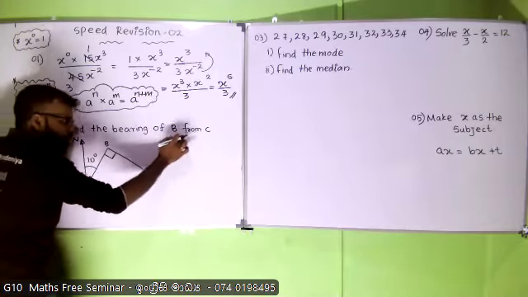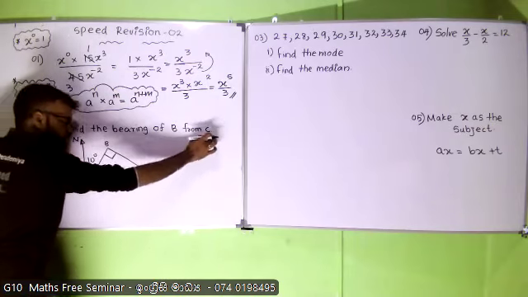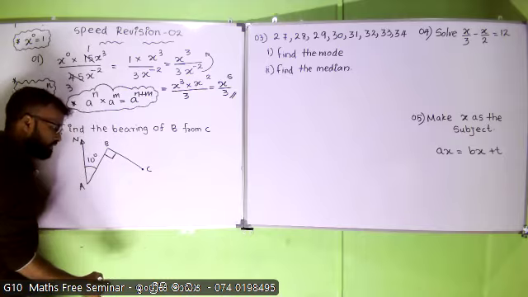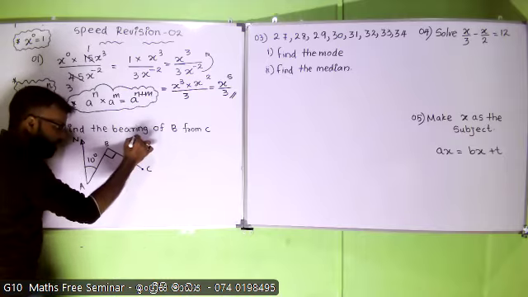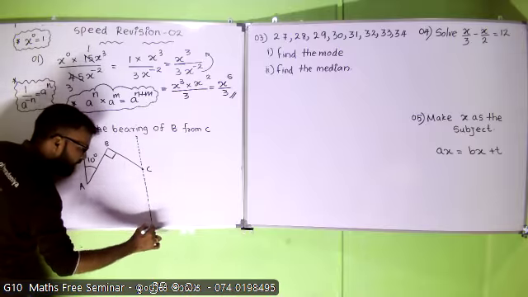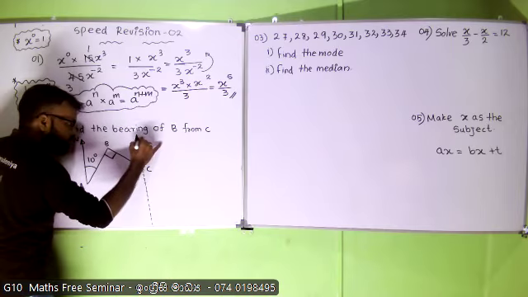Find the bearing of B from C. Right? So here you have C. You have to find the bearing of B from C. First of all, you need to make sure that you have your north pole. So this is north.